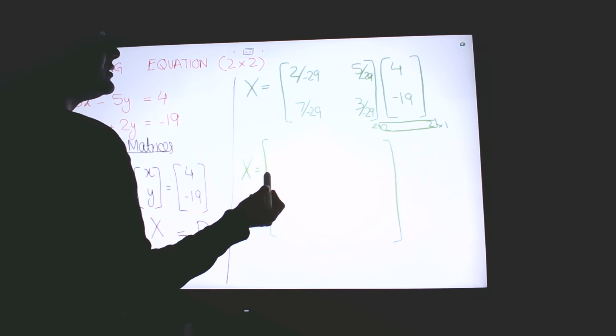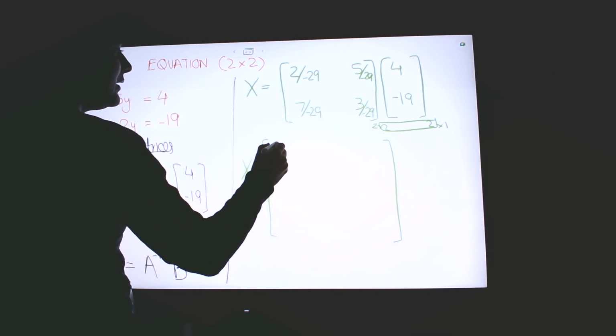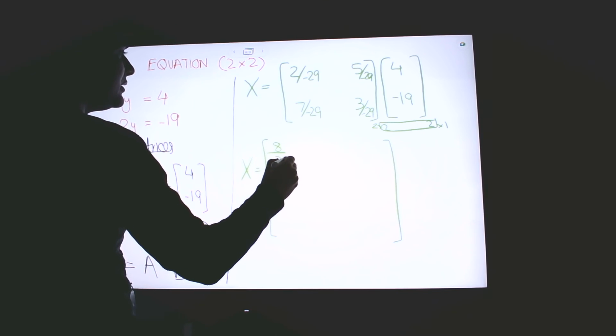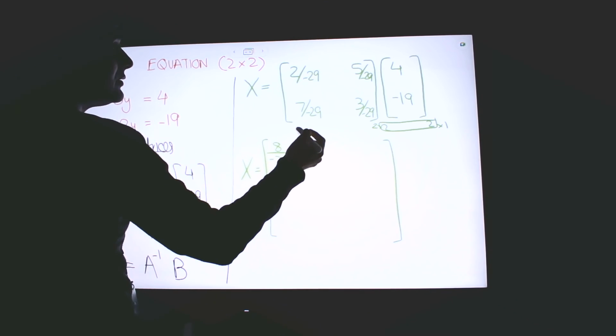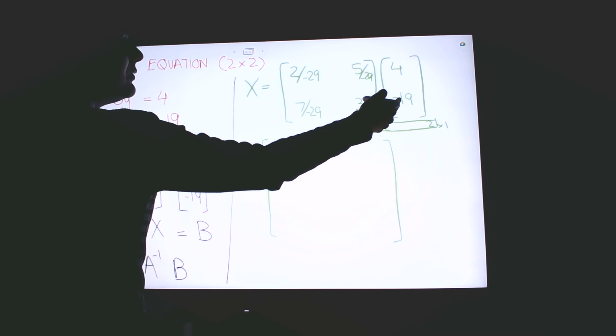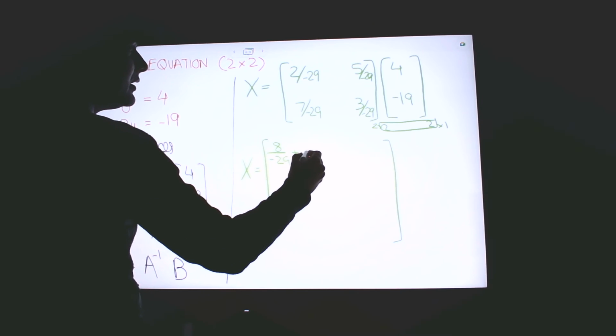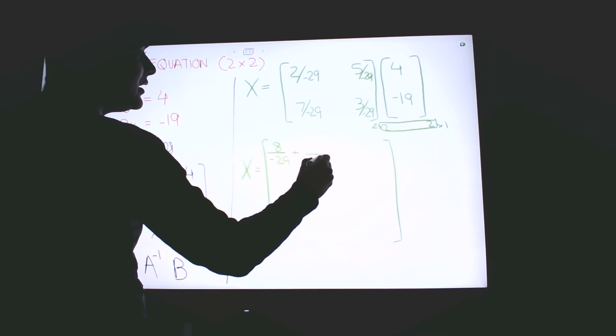2 times 4, which is 8. 8 over minus 29, plus 5 times minus 19. That would be a negative number, over 29.